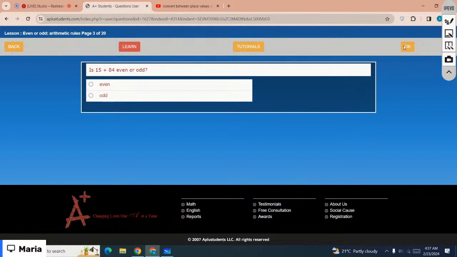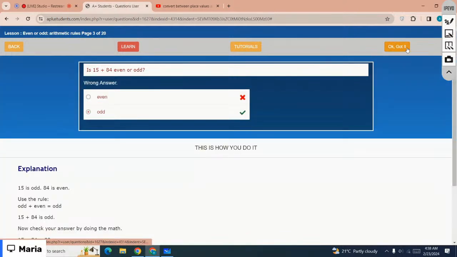Okay, is 15 plus 84 even or odd? The correct option is even. Oh, sorry. Odd, not even, right?